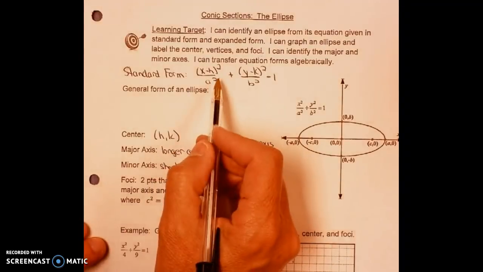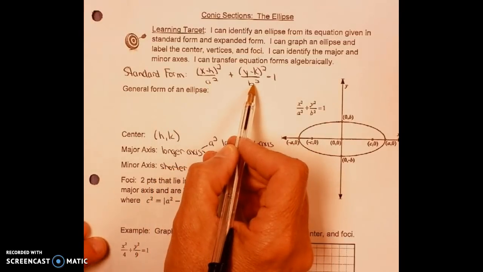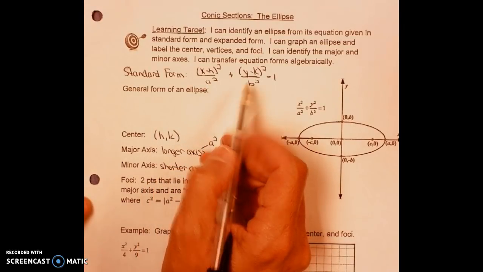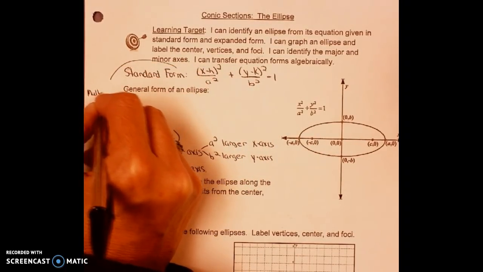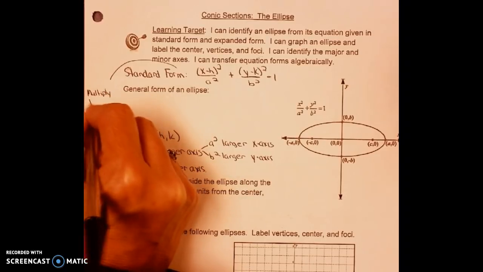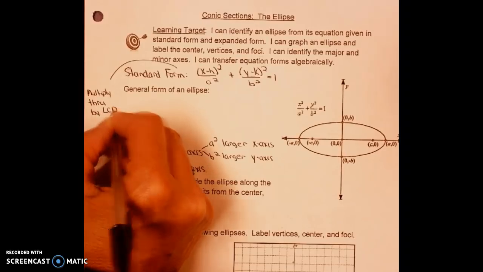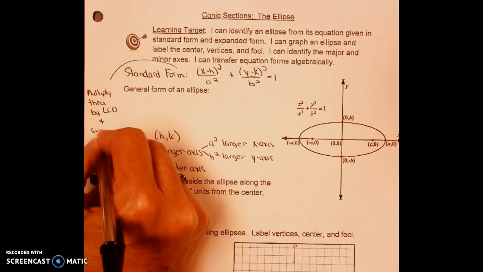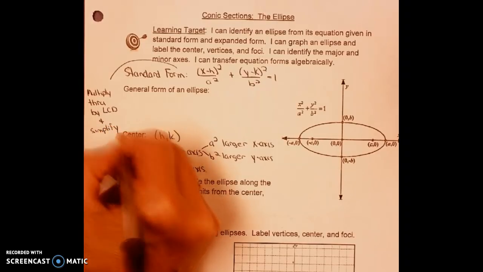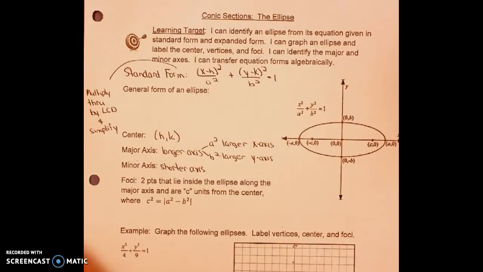To get from your standard form to your general form, we would first of all have to multiply through by the least common denominator and simplify. In this case, your common denominator would be a squared b squared. I'm just going to put it in a different color to emphasize that.